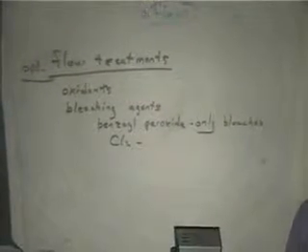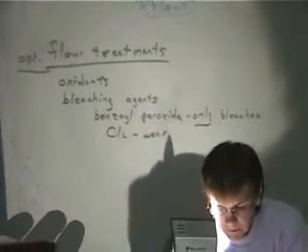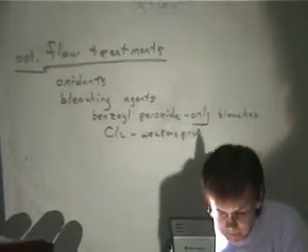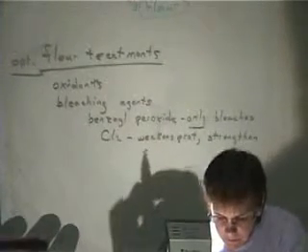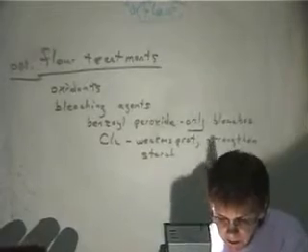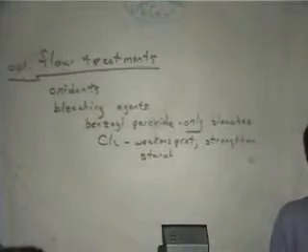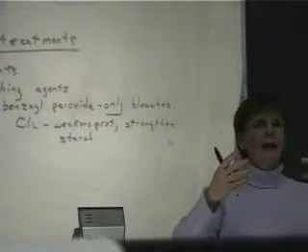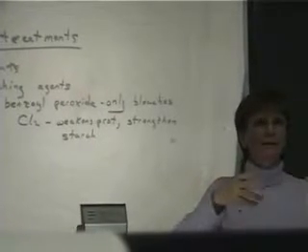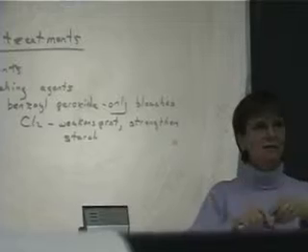Chlorine gas bleaches. What else does it do? Weakens protein and strengthens starch. It does both. And by strengthening the starch, it causes an increase in viscosity, and yet you can add more water and still get that increase in viscosity.